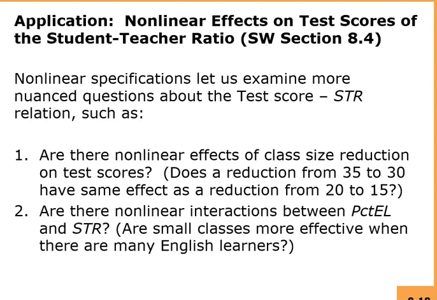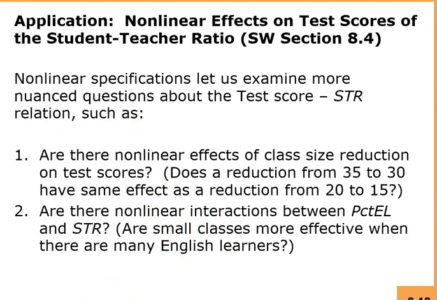What it simply means is: will a reduction from 35 to 30 have the same effect on test scores as a reduction from 20 to 15? And the second question is whether the relationship between student-teacher ratio and test scores depends on the percentage of English learners in the classroom.